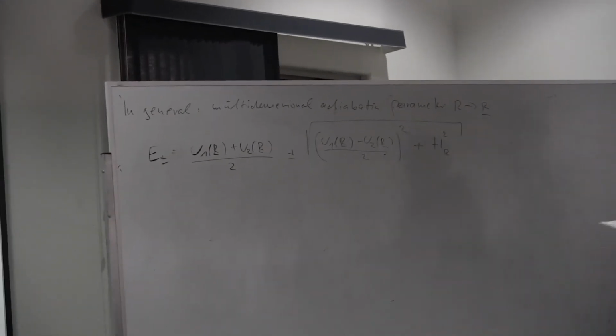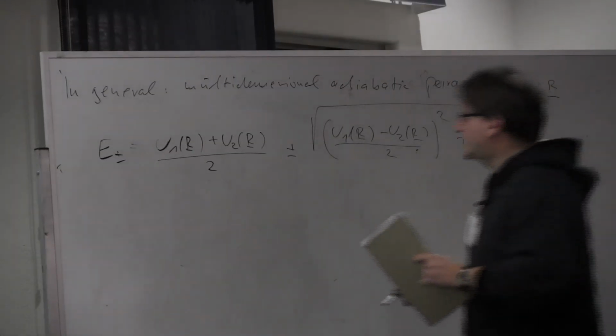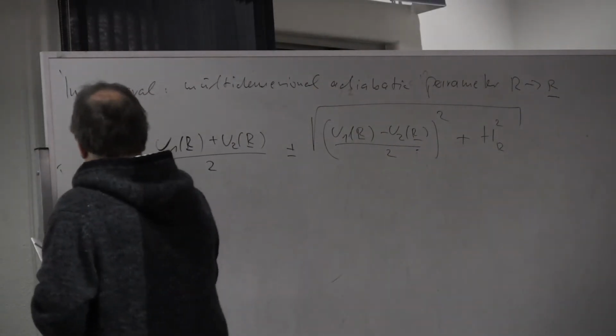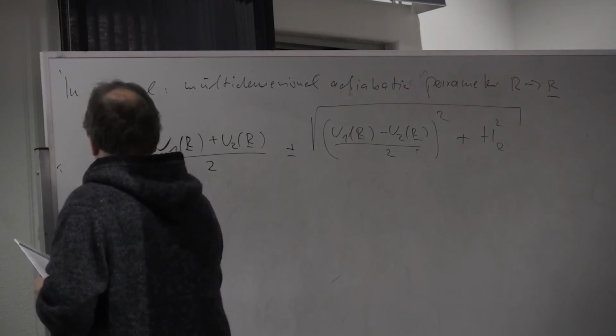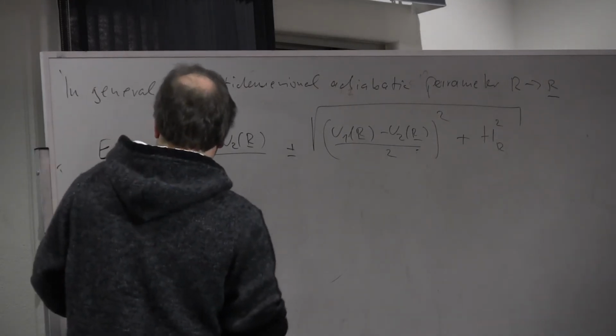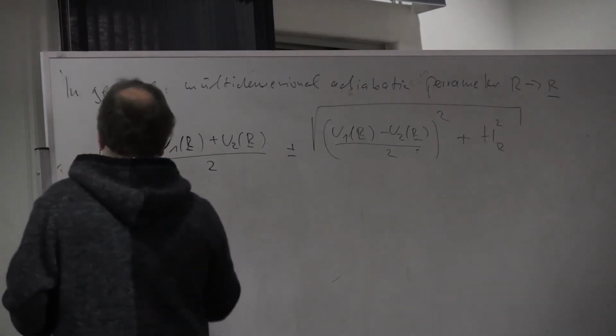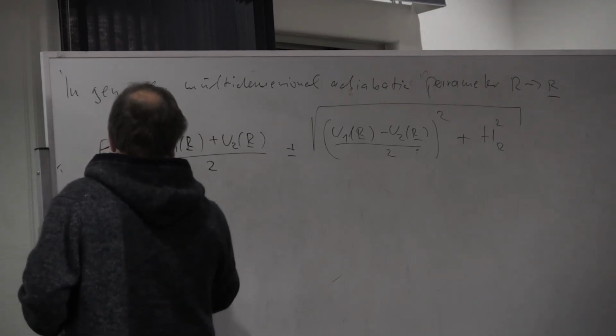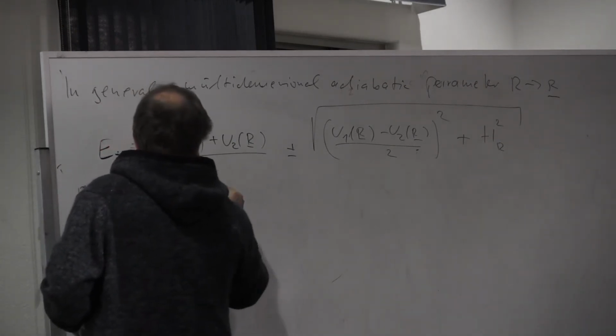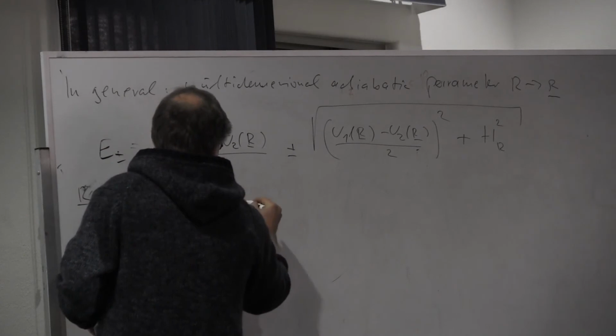Now the question is, again, for getting degeneracy, we want to have at some R0, a vector, some value of the adiabatic multidimensional vector, that A plus of R0 equals A minus of R0.